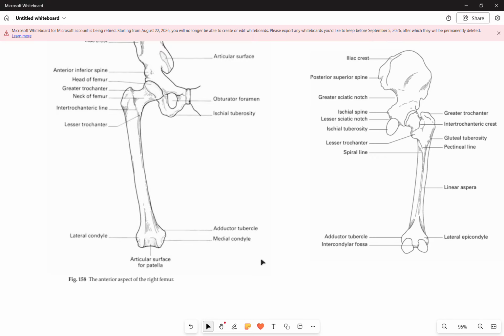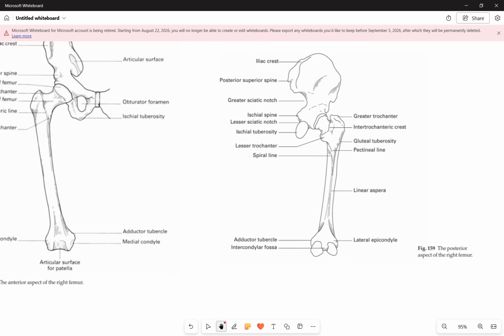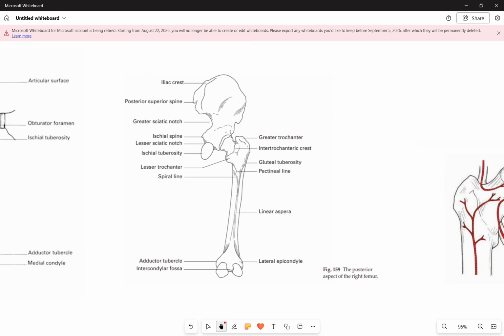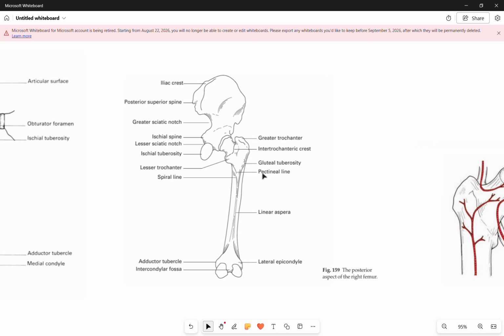Now we come to the posterior aspect of the femur. In the posterior aspect, again, most prominent is the greater trochanter. Lesser trochanter is well seen posteriorly, and in between there is an intertrochanteric crest. That's the neck and that's the head.